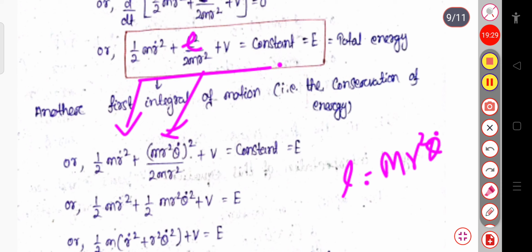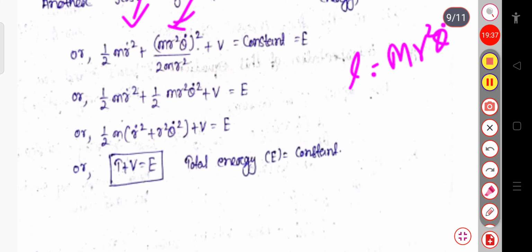So here it is L square by 2 mr square, and this can be written as 1 by 2 mr dot square, this m square with m gets cancelled, that is 1 by 2 m r square, and one r square gets cancelled with one r square, so 1 by 2 mr square theta dot square plus v equal to E, that is the total energy.